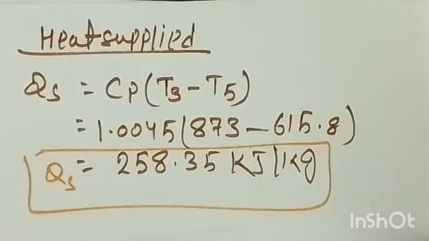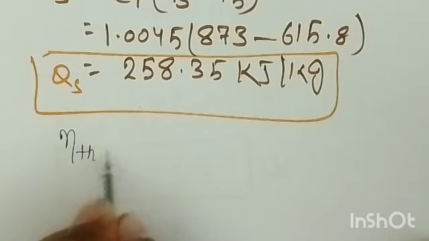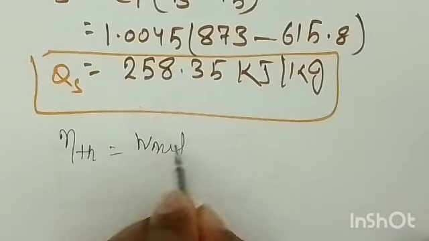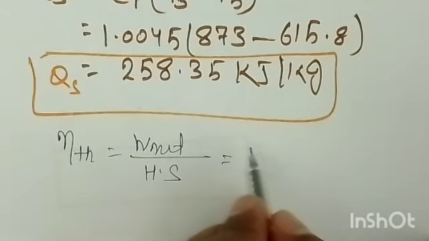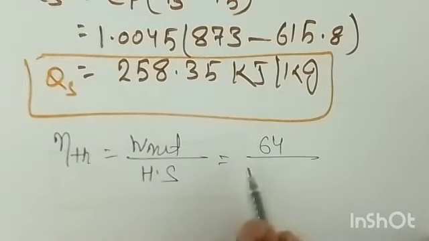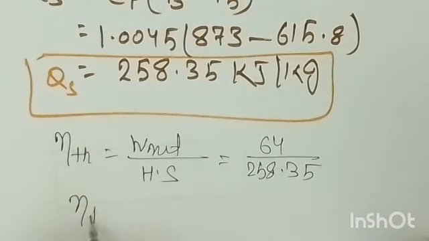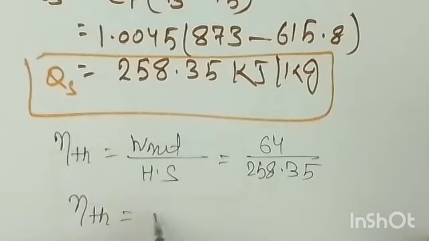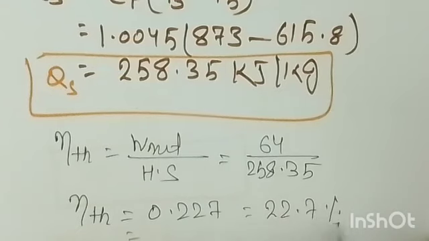Now further you need to find the thermal efficiency when the effectiveness is this. So thermal efficiency is equal to W_net by heat supplied, Q_S. W_net we already calculated as 64, and the heat supplied is 258.35. On calculation we get the thermal efficiency as 0.227, or 22.7%, right?